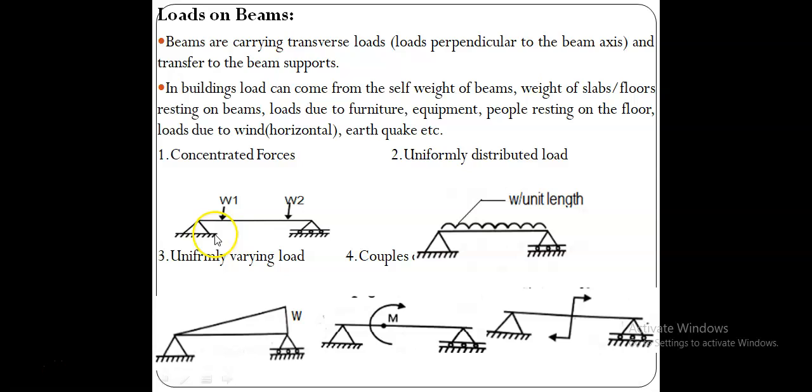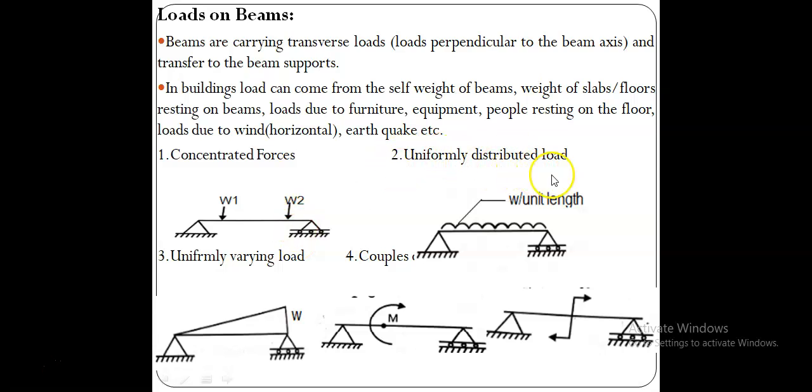I can refer to W1 as at a distance of, say, 2 meters from the left support. Like that we can also refer from the right support. It may be that W1 is acting at a distance of 3 meters from the right support. So a concentrated force is one which acts at a single point.